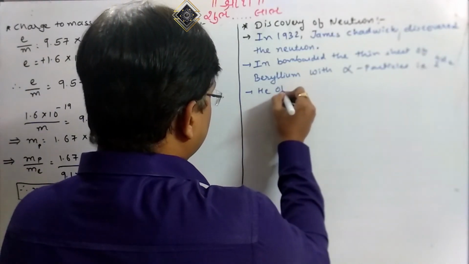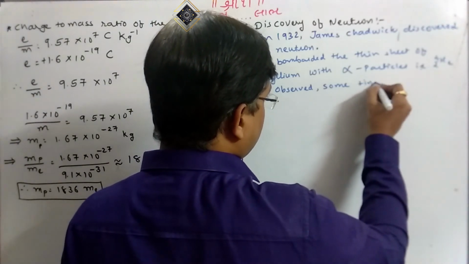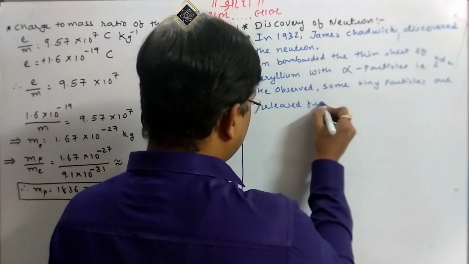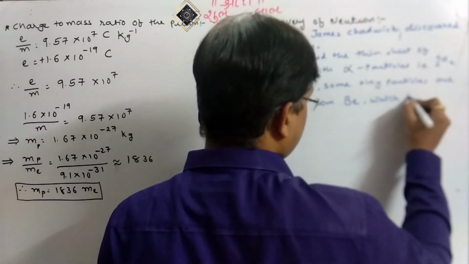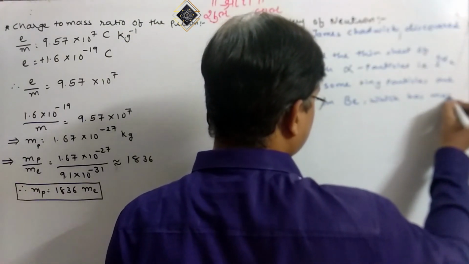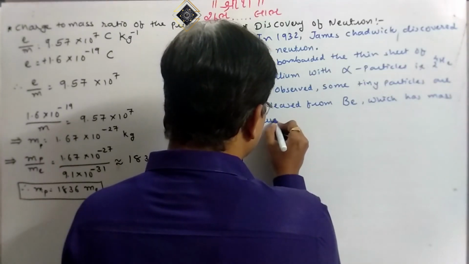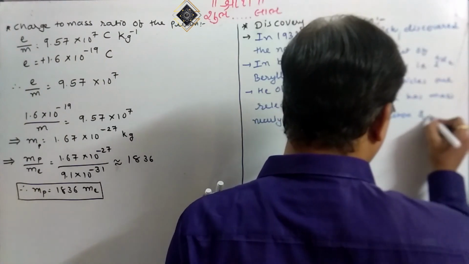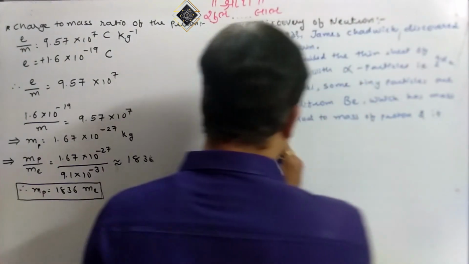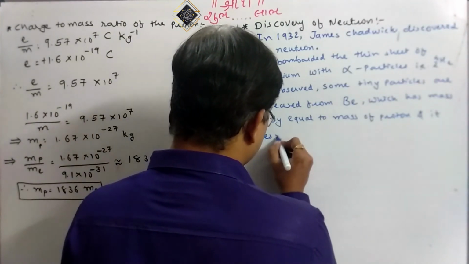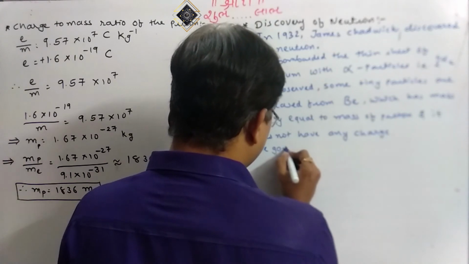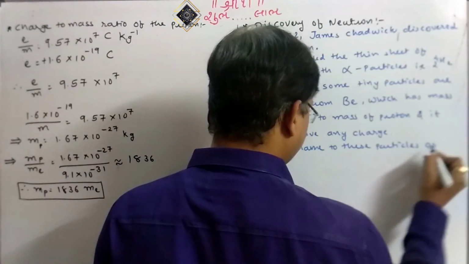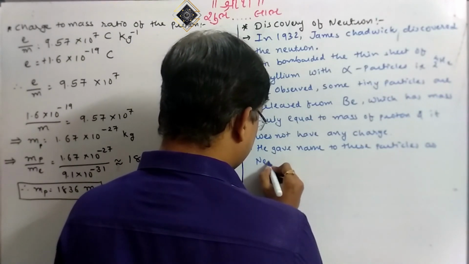He observed that some tiny particles are released from beryllium which have a mass nearly equal to the mass of a proton, and they do not have any charge. He gave the name neutrons to these particles.